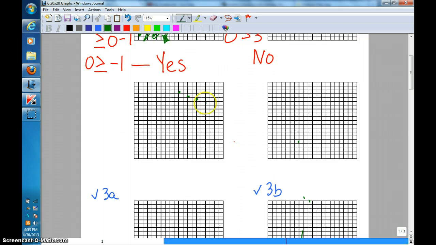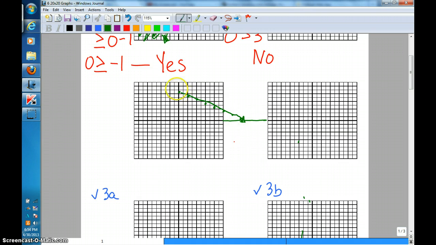Down 1 over 2. Down 1 over 2. You will want to go all the way down until it gets down 1 over 2. I'm just kind of estimating. So again, it was greater than or equal to, so it's a solid line.